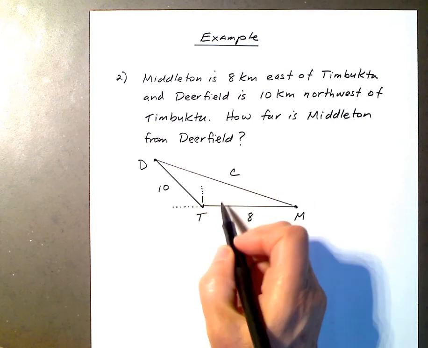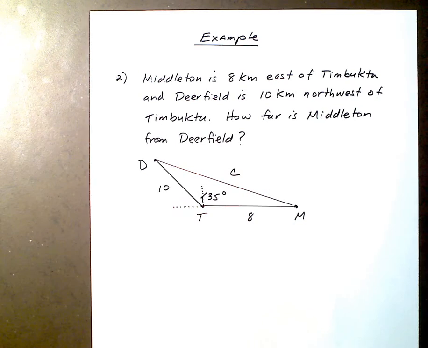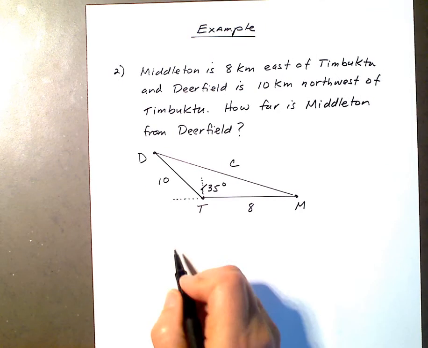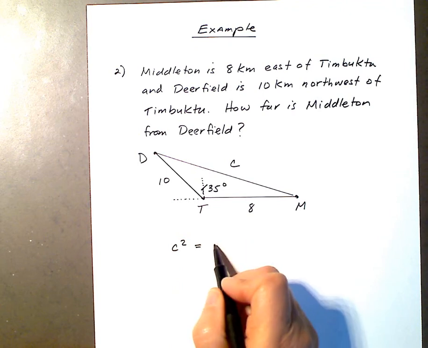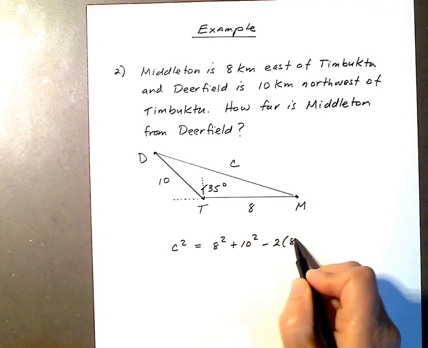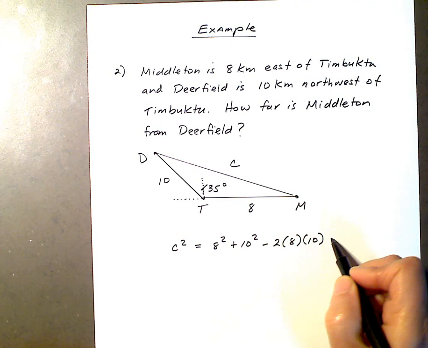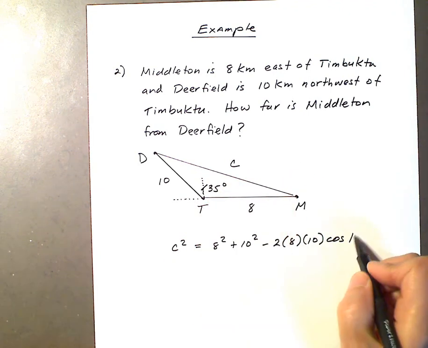So it would make this 90 plus 45, or 135-degree angle. So now I'm going to say that that unknown side C squared is going to be equal to the 2 sides I know, 8 squared plus 10 squared minus 2 times 8 times 10 times the cosine of the angle opposite side C, which is 135 degrees.